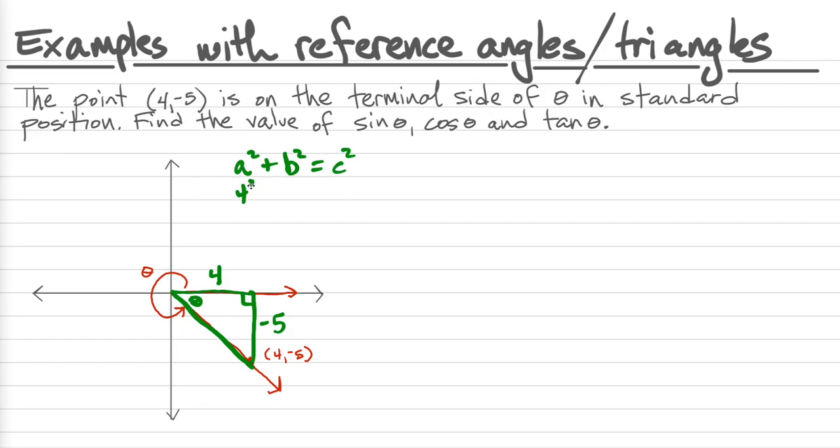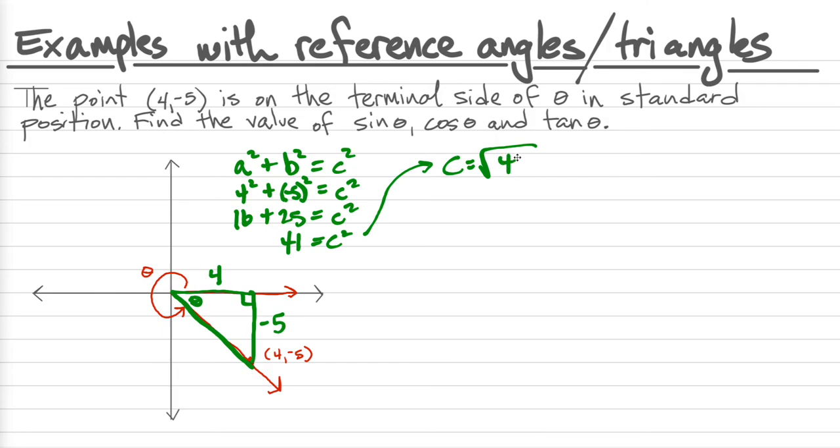So 4 squared plus negative 5 squared. Now, normally it would be plus or minus, but we can't have a negative hypotenuse.